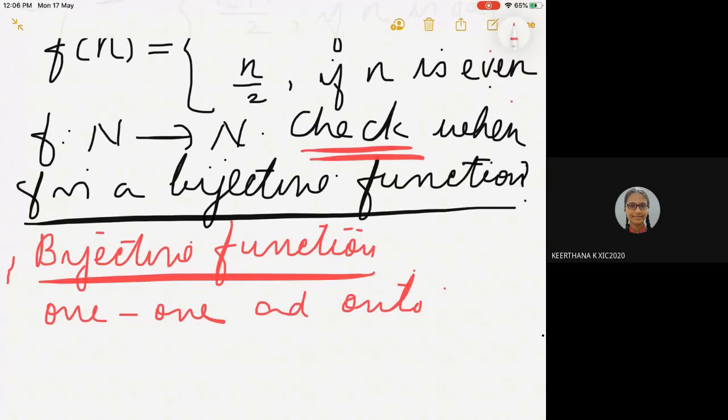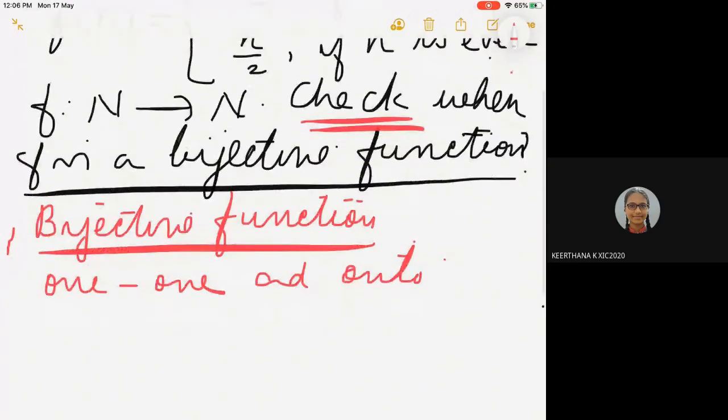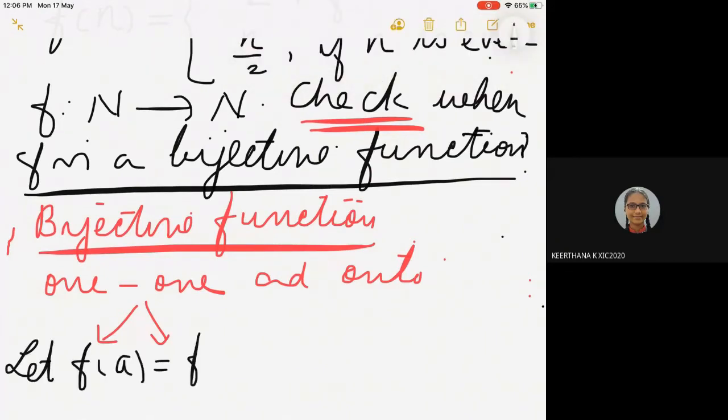If the question is to prove that f is 1-1 and onto, then it is easy. Suppose you want to prove f is 1-1, what is the technique? Assume f of a equal to f of b, and then prove that a equal to b.